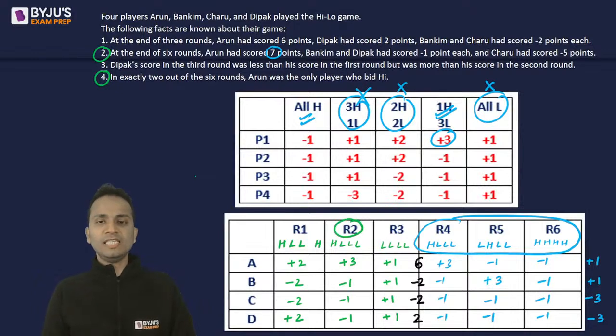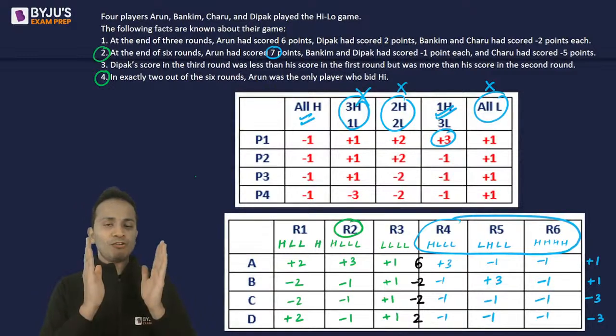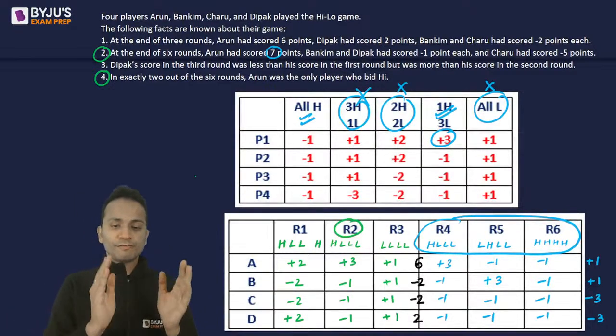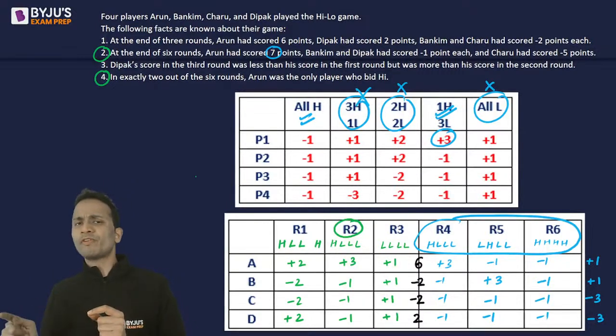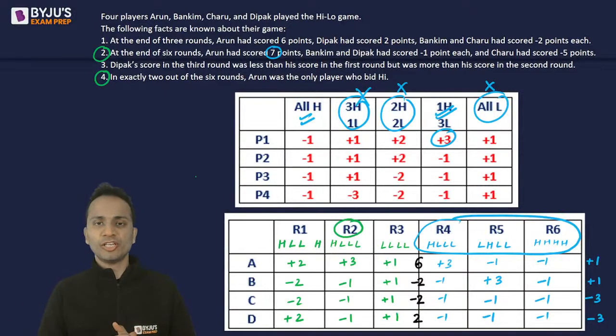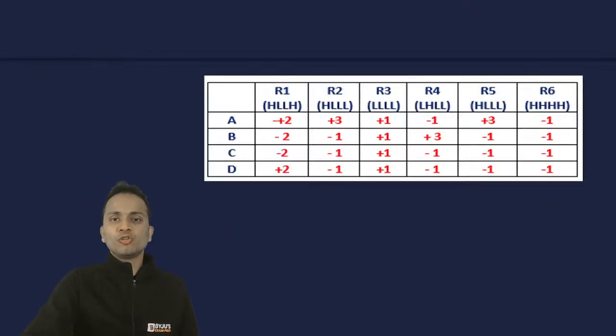So that's it. These are the bids and the scores of all the 6 rounds. For the first 3 rounds, round 1, 2, and 3, the bids are fixed. And for round 4, 5, and 6, they can interchange their values. So this is the final table that we have in our hand.